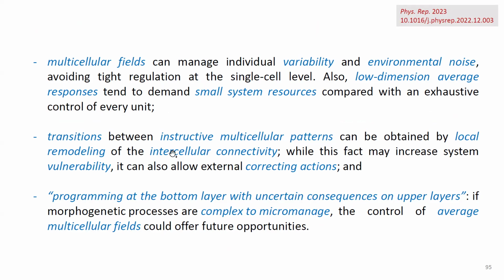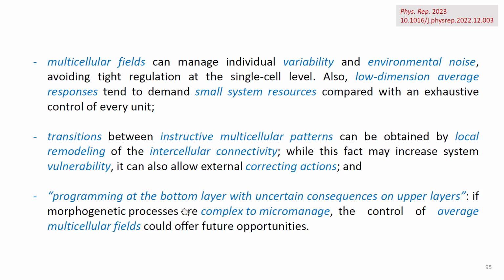And we know that intercellular connectivity is very important and should offer new opportunities. It is true that this connectivity gives the system also some vulnerability to external actions, but this vulnerability can be avoided in principle, and this intercellular connectivity offers also positive aspects, for instance, for external control of the system.